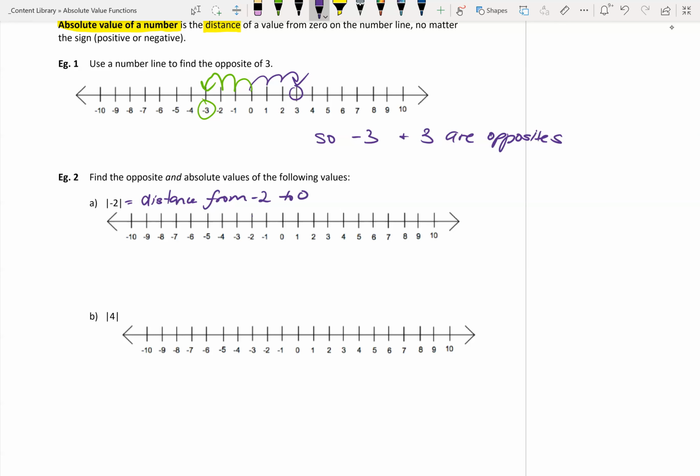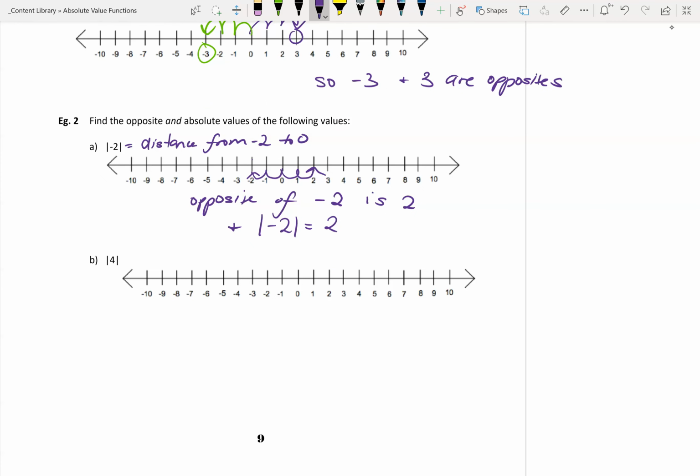So the opposite of -2 is going to be 2, because they share the same distance away from 0. And the absolute value of -2 is the distance from -2 to 0, and that distance is 2. We are 2 spaces away from 0.